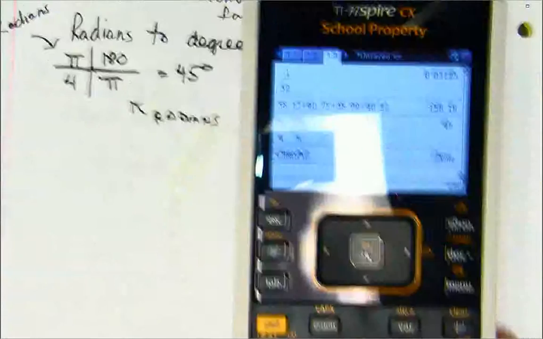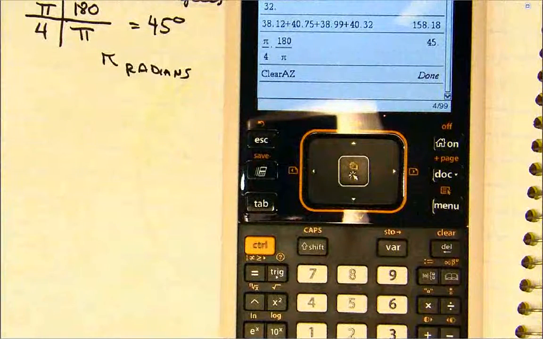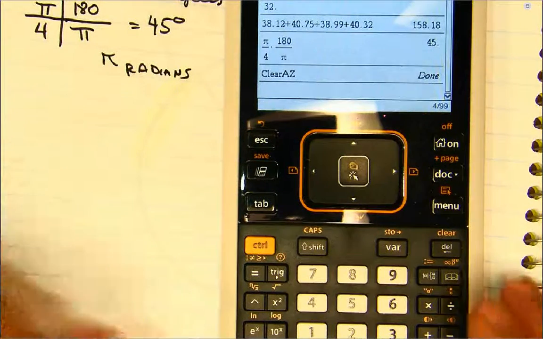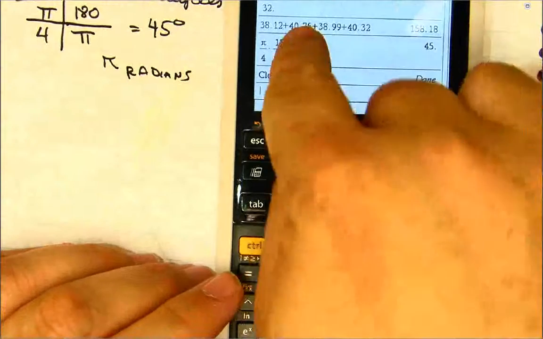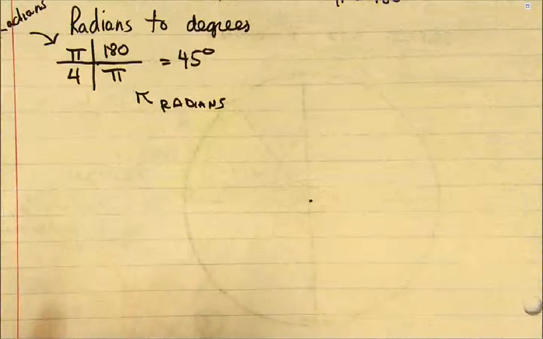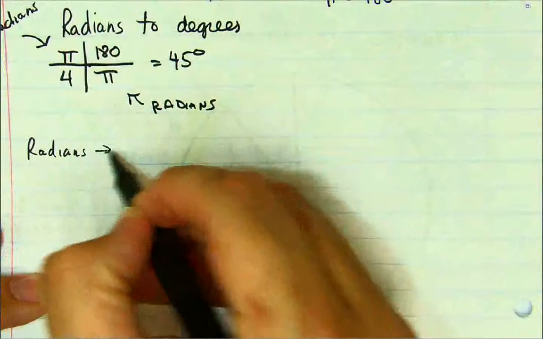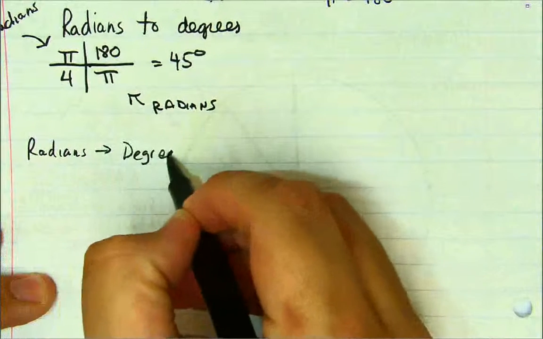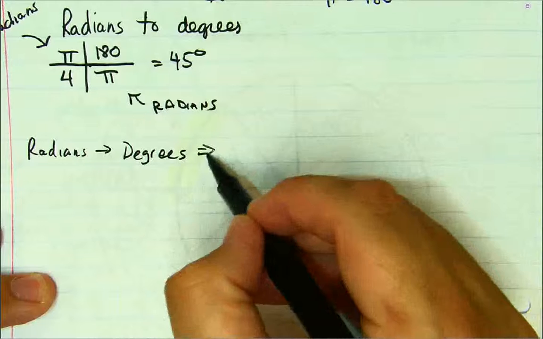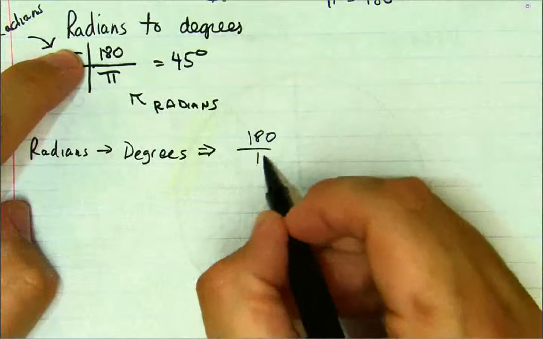A calculator hint. If I'm going to have to do a lot of converting, and I'm going from degrees to radians, or radians to degrees, it looks like I got to multiply by 180 over pi.